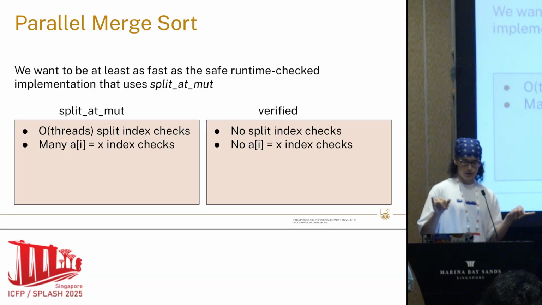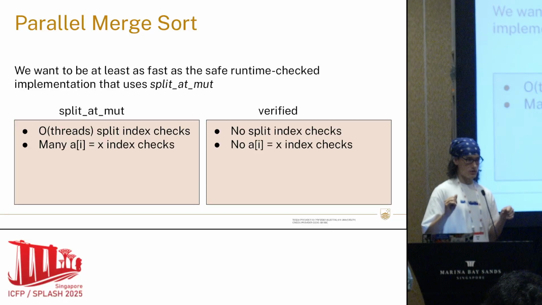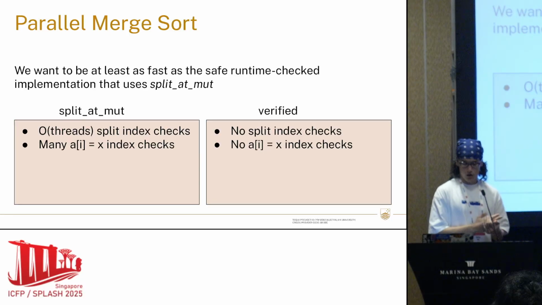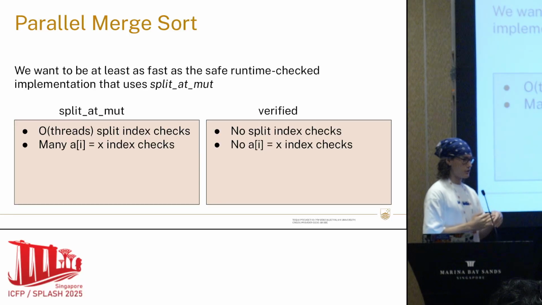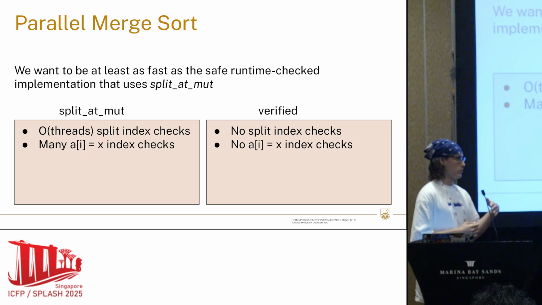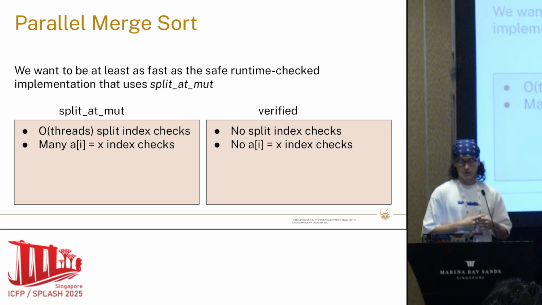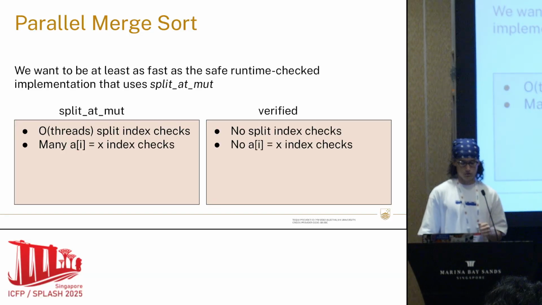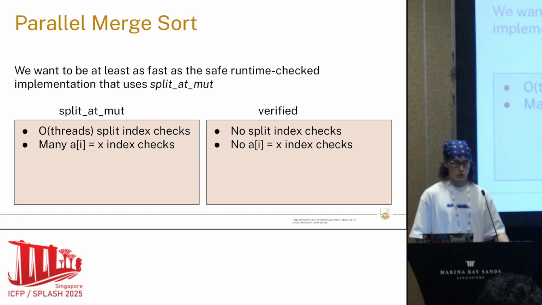This is why it does O of number of threads split index checks, because we split only, let's say, 8 times, or 64 times if you have 64 cores. It also does many index checks when we write to or read from an array. But in the verified version, there are no index checks whatsoever. So that's cool. We want to make sure we are at least as fast as the runtime checked version.